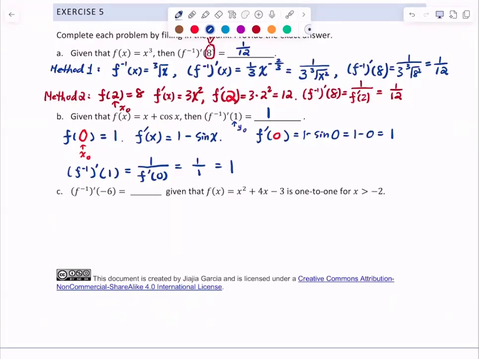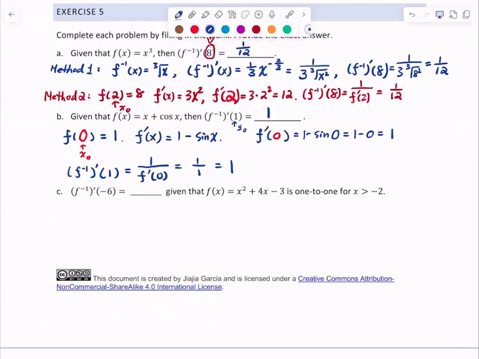We need to find the derivative of f inverse at -6. What trouble do we have with this f? It's a degree 2 polynomial, which means it's a parabola, which means it's not one-to-one.